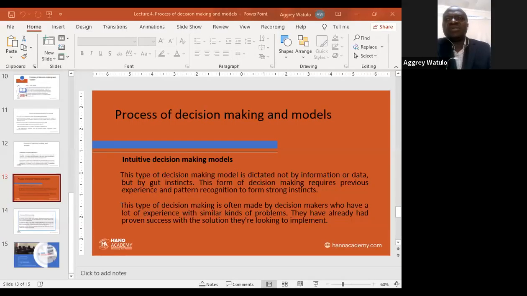So we shift to our next model. The next model is the intuitive decision-making model. We're going to look at that model, the intuitive decision-making model. That's the model we are going to discuss this session.